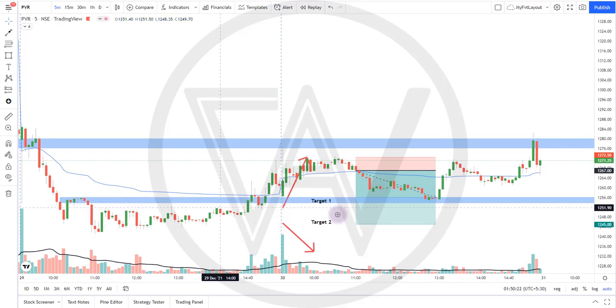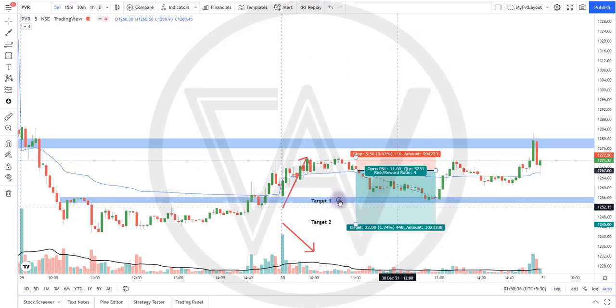Now if I had kept a target 1 and target 2 system, you can have multiple targets as per your quantity. Here we are assuming that I book half of my quantity here because I have just two targets, and trail my stop loss to cost, because we are seeing a good amount of movement here.